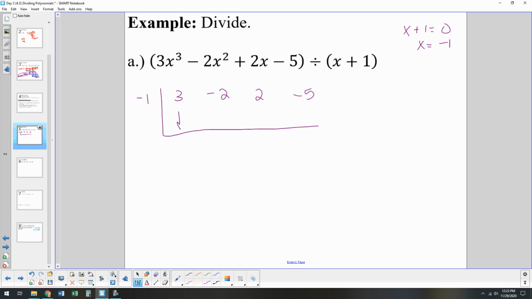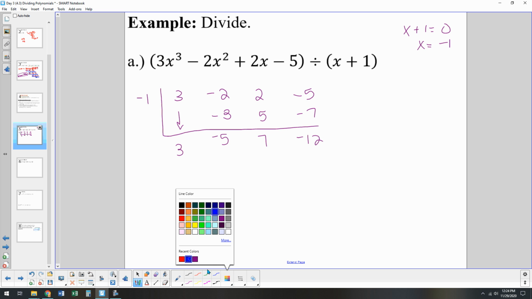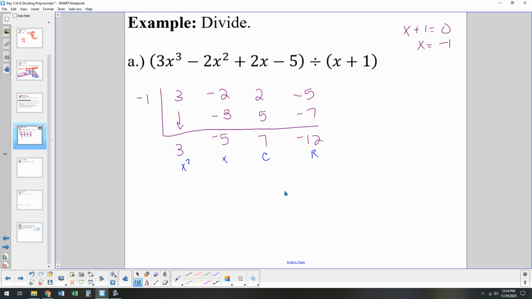If you recall, we bring down the first term, and now we start the multiplying. So we have negative 1 times 3 is negative 3. We get negative 5. Negative 1 times negative 5 is positive 5. We get 7. Negative 1 times 7 is negative 7. We get negative 12. Since this started as an x to the third, I'm going to start writing my answers as x squared, x, the constant, and the remainder.